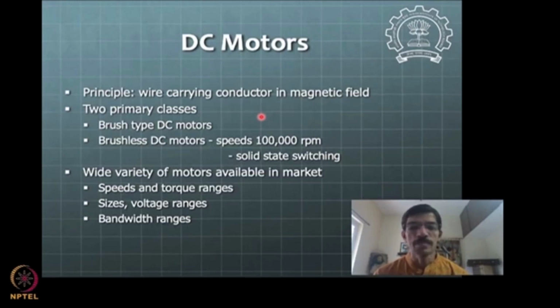Very high precision, high quality motors you'll find from companies like Maxon or Faulhaber. Those companies produce very good quality motors, but otherwise there are also many companies in the market where these motors are available. And in speed, torque ranges, size and voltage ranges, you'll find a lot of variety with DC motors.